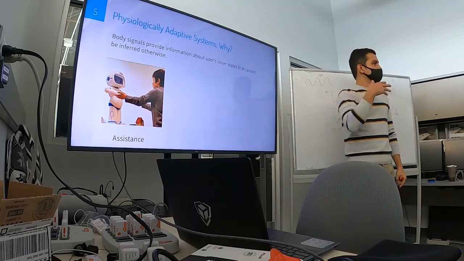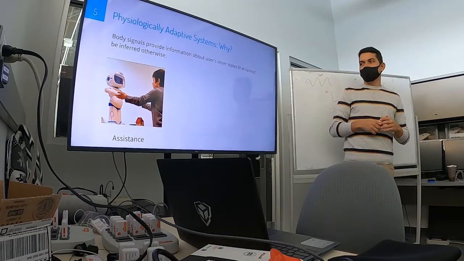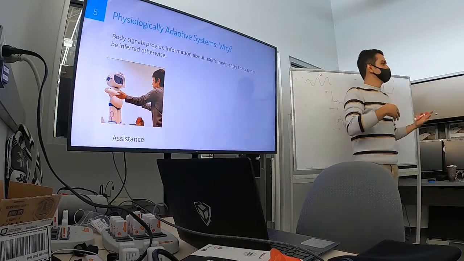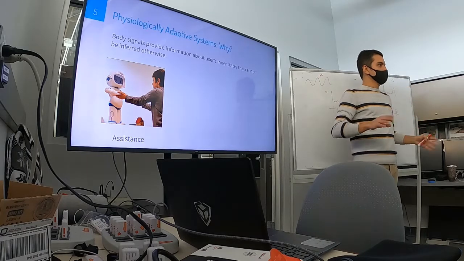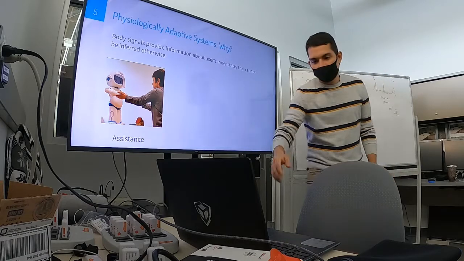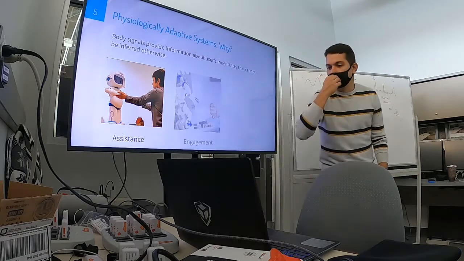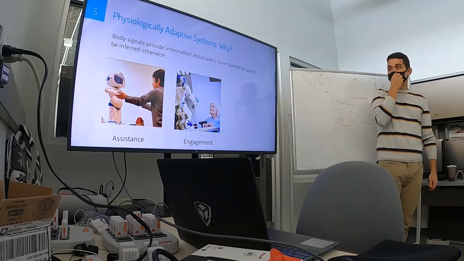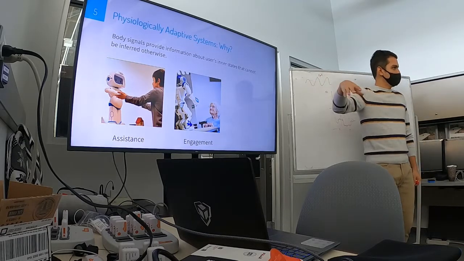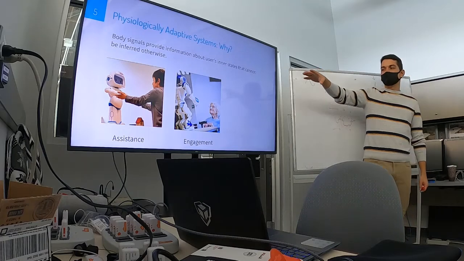But good examples of this are some of the things that we have been envisioning here in our lab, in which a robot can certainly behave differently and try to reduce some negative impact of diseases or neurocognitive states. So that's more for the assistant side.